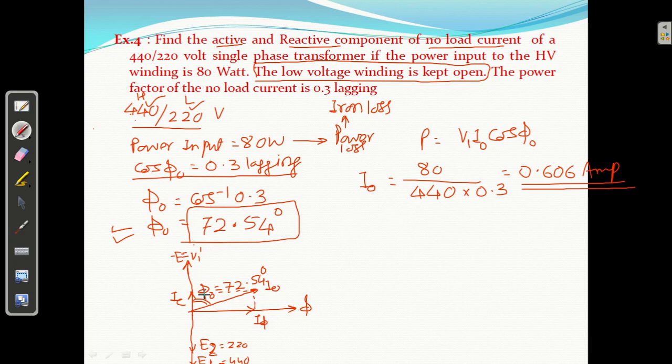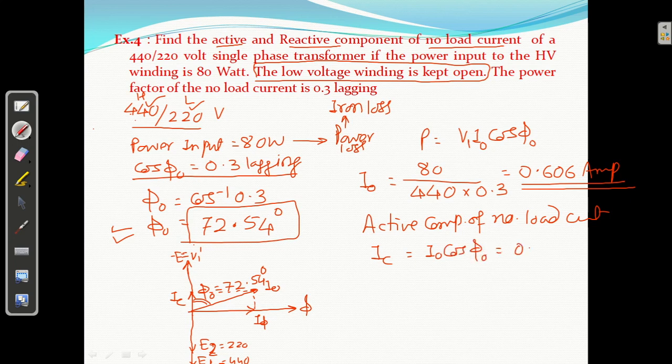Now you can say the active component of the no load current, called IC, is in the same phase with the voltage. IC is the horizontal component of I0, so IC equals I0 cos phi 0.